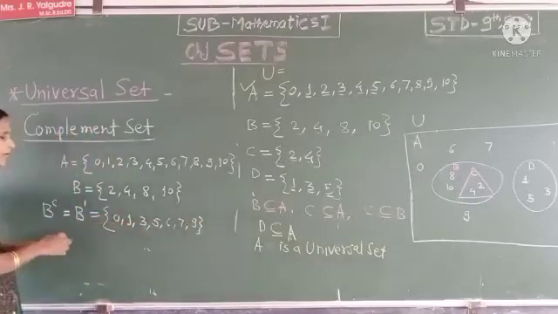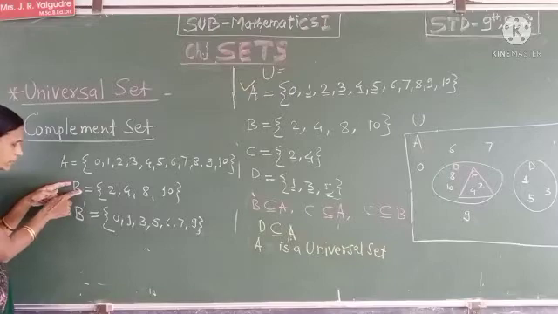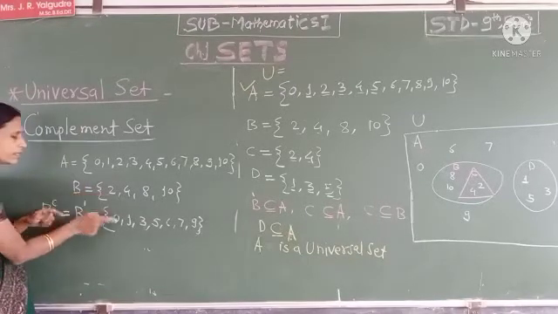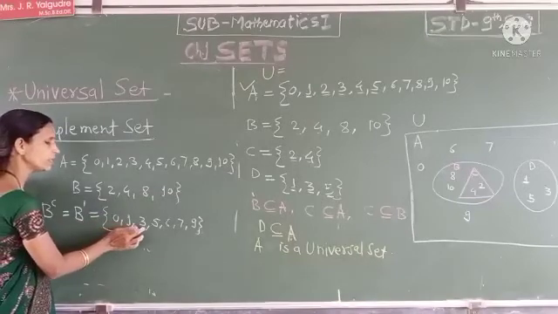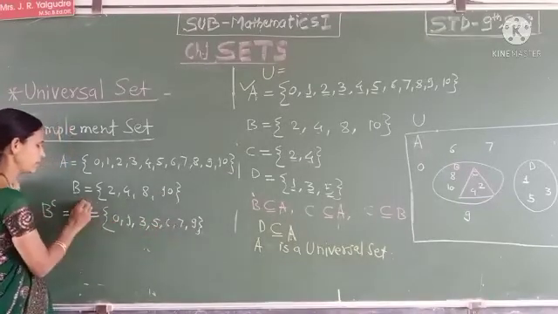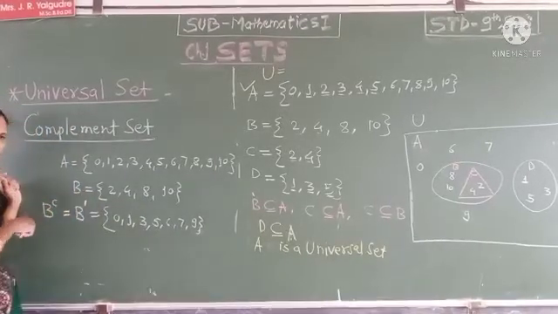Then see here, B dash is the complement set of B. Here no common member or element is there in the complementary set of B.